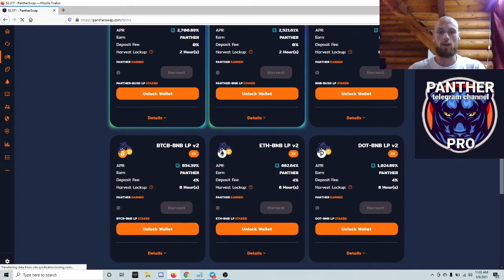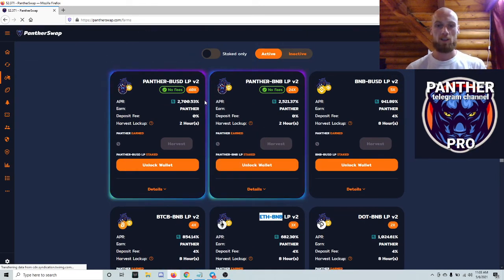So maybe you think Ethereum and BNB, you just want to keep your Ethereum and BNB. Well, you can do that. So even within these options, there's even more risk assessment that you can make. So let's say you decide, I want to farm and I want to get my rewards. And from there, you could sell them or you could stake them. But you've decided you want to farm.